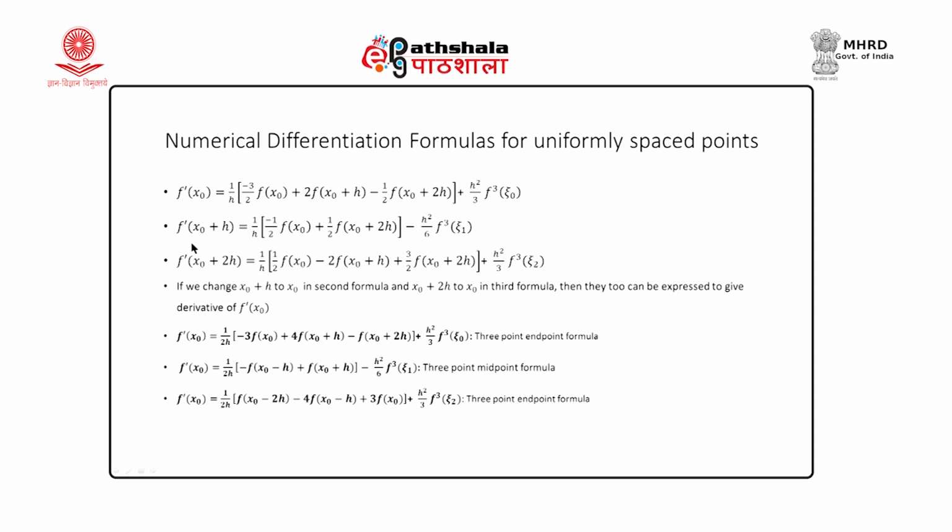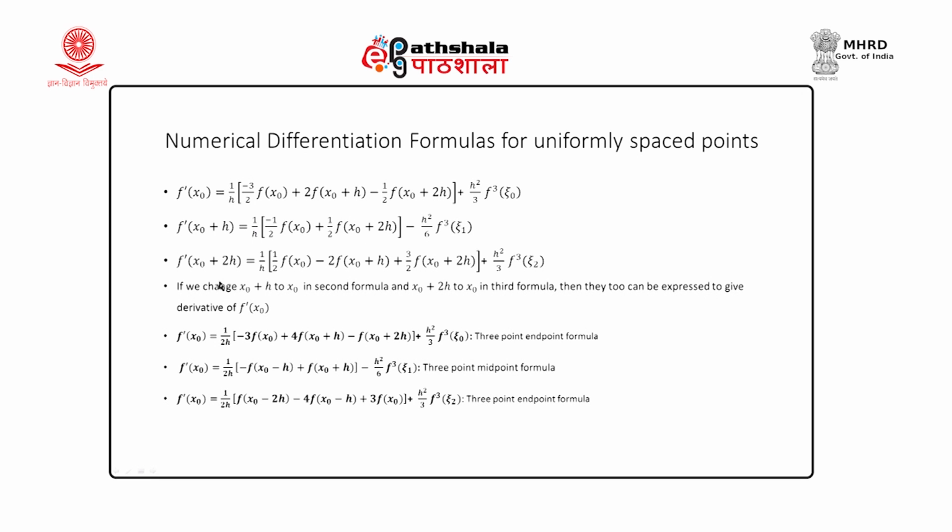See, what we are doing is, these all three formulas, though this is x0, x0 plus h, x0 plus 2h, at any point x0, means we are changing x0 plus h to x0 here, we are changing x0 plus 2h to x0 here. So, this formula stays as it is. In the second formula, if I change x0 plus h to x0, this will become x0 minus h, this will become x0 plus h.